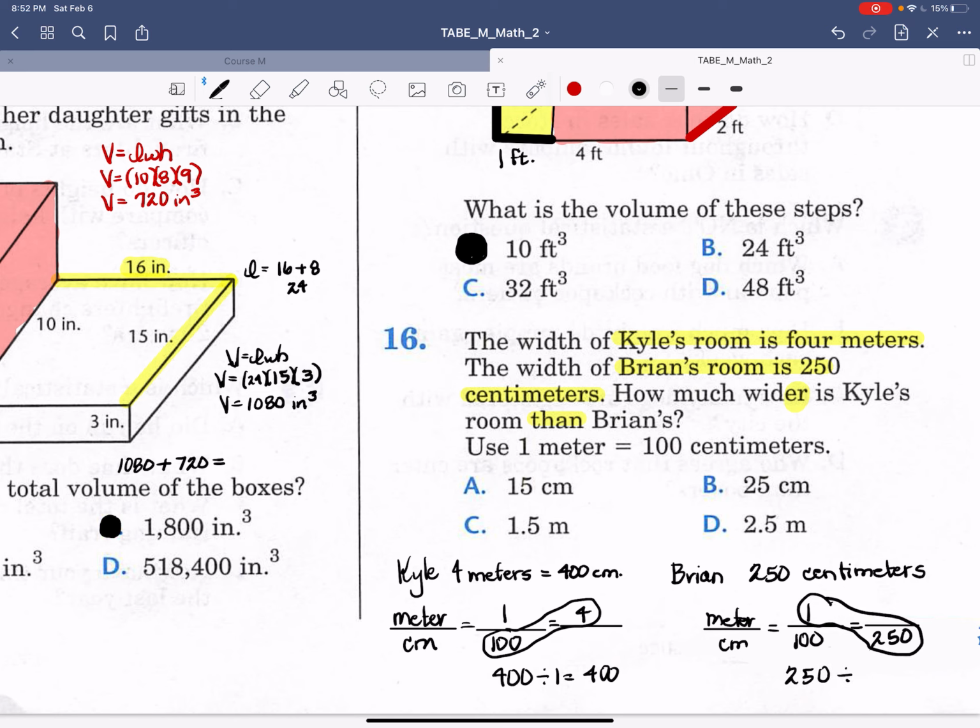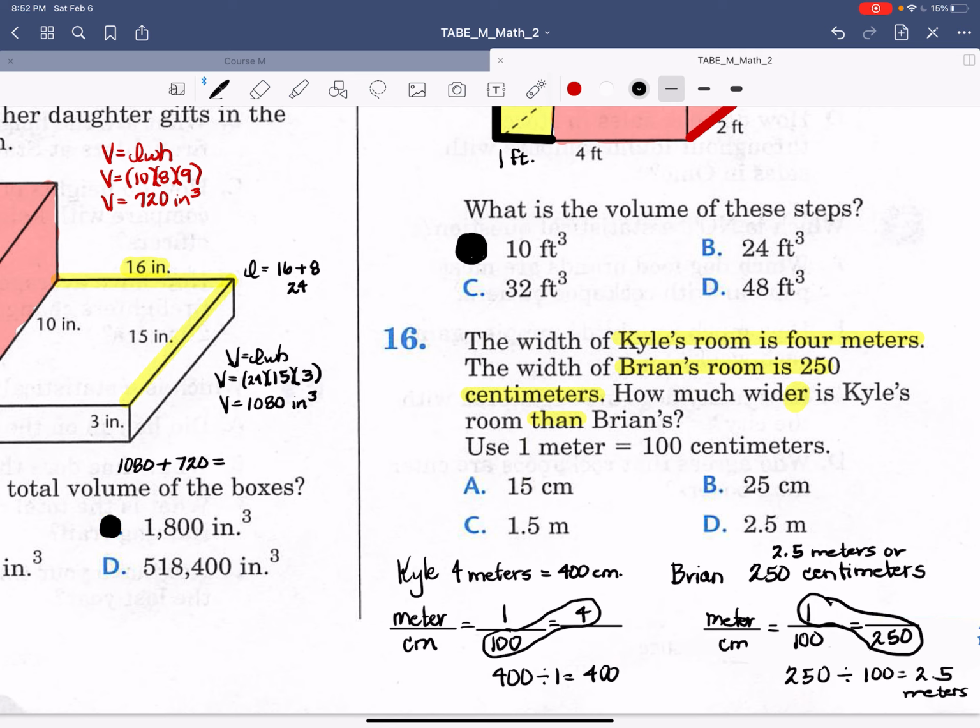Divide by 100 is 2.5 meters. Okay, so Brian's, we can talk about it as 2.5 meters or 250 centimeters. So now let's do our subtraction, because remember we had wider than.